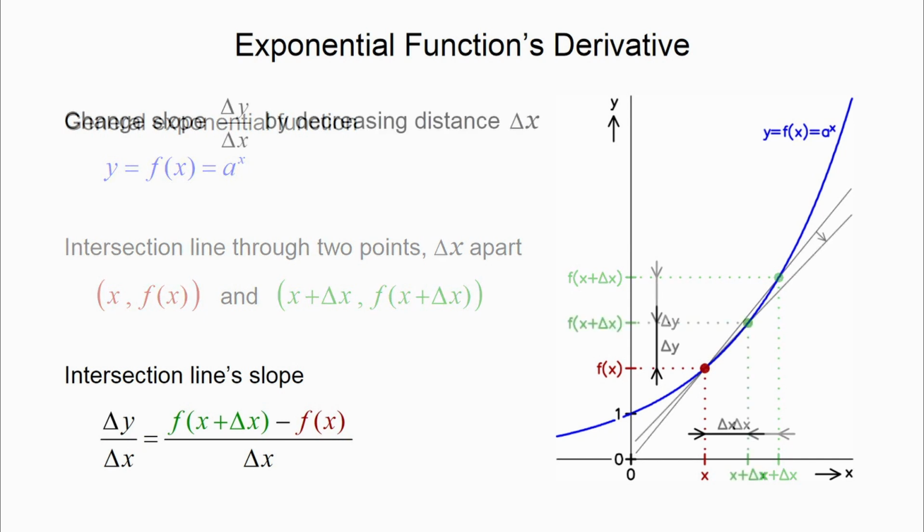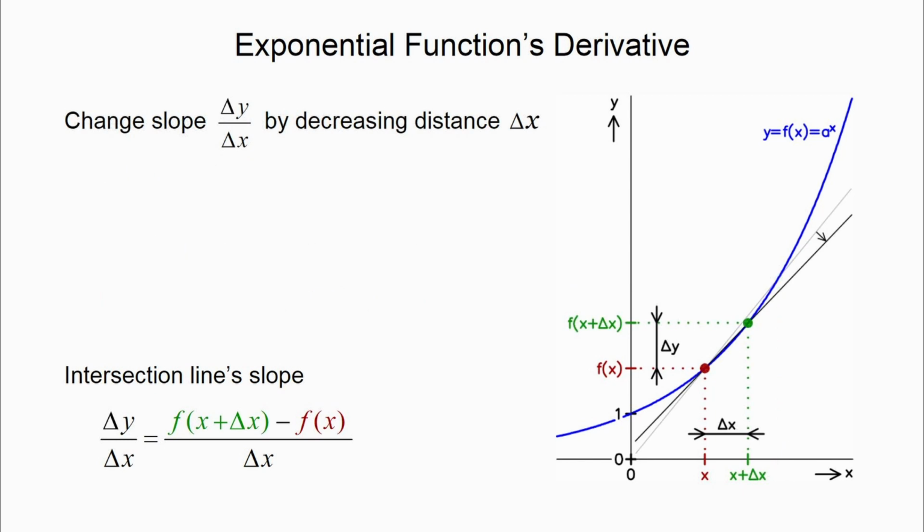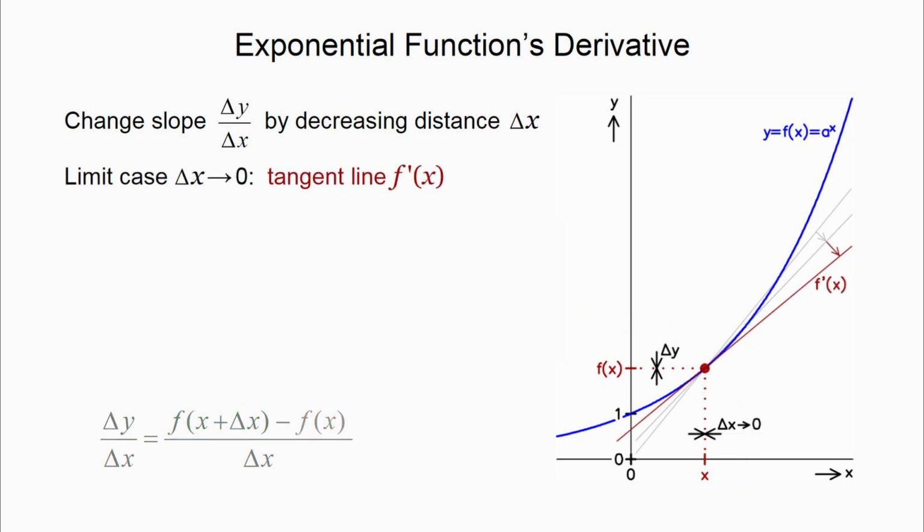If the two intersection points close in on each other by having delta x decreased, the slope of the intersection line will change. As soon as both points approach each other closely in the limit case, that is when delta x becomes infinitely small, the intersection line approaches the tangent line to the function at location x.